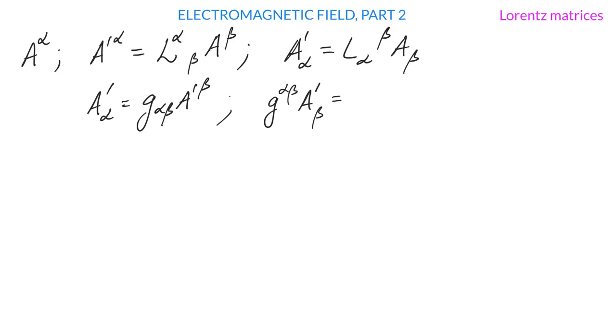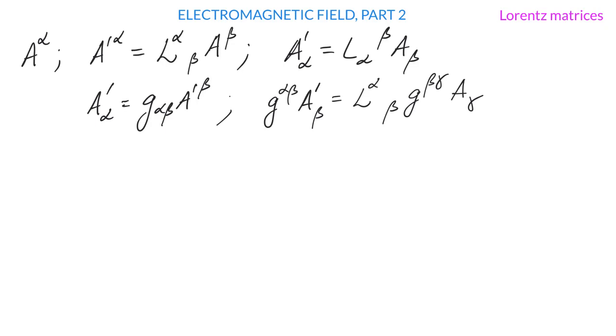And on the right hand side, I'll write L alpha beta and then substitute G beta gamma A gamma for A beta. So I took this expression and re-expressed contravariant components through covariant components.